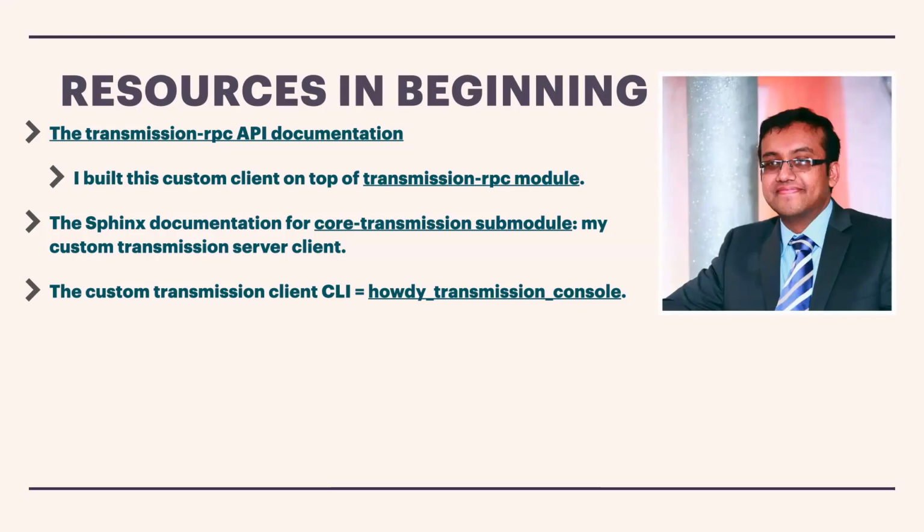I built this on top of that Python module, transmission-rpc. The stuff here, the core transmission submodule, there's now Sphinx documentation. If you click on this link, it'll describe all the methods associated with this submodule. And I hope to get to, in the meeting, a demonstration of the command line tool.